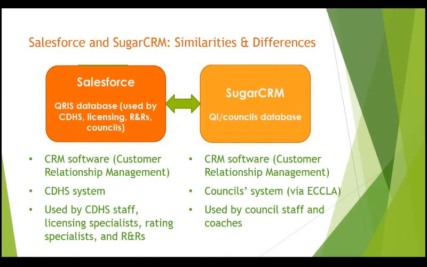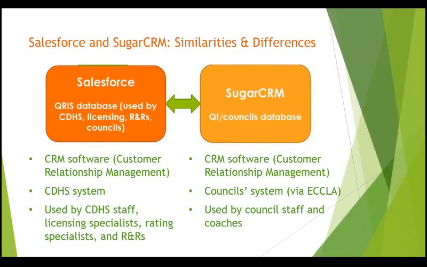It seems kind of slow, but when a provider clicks the appropriate link on Colorado Shines, Salesforce calls up Sugar and sends all that provider's data over to Sugar. And that's on purpose, that's a nice way to get really up-to-the-minute information.